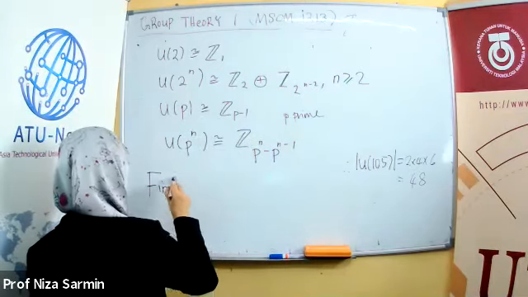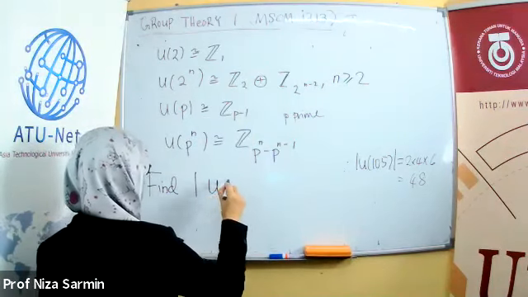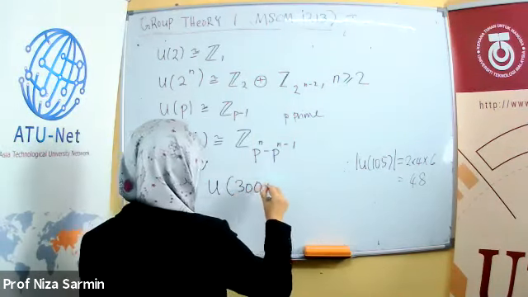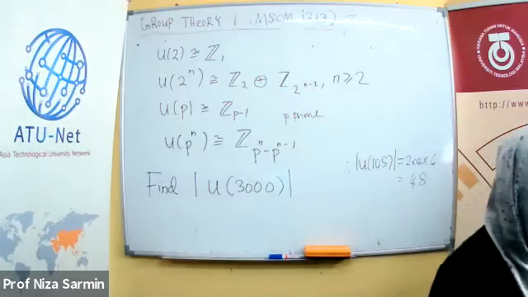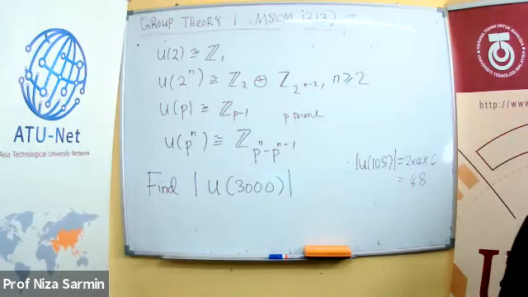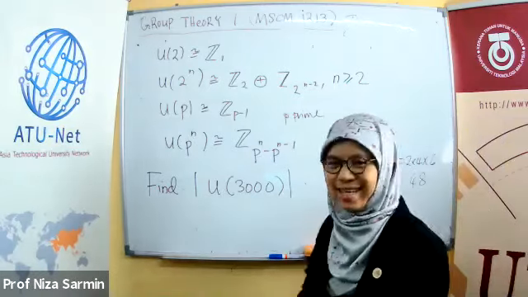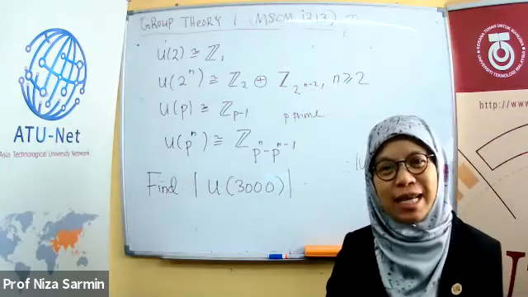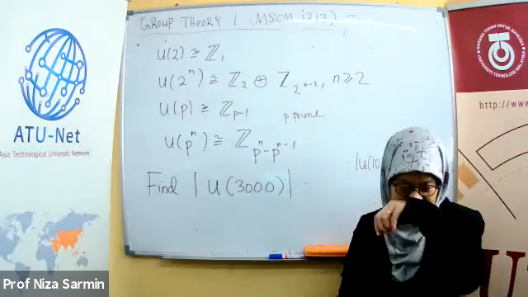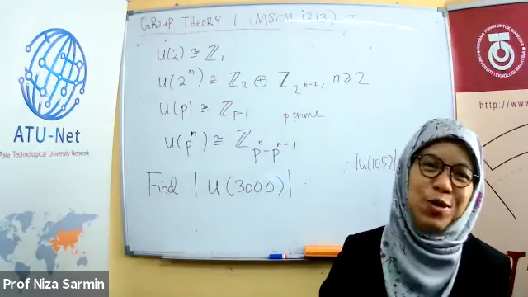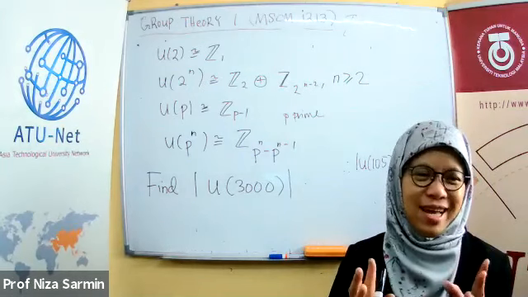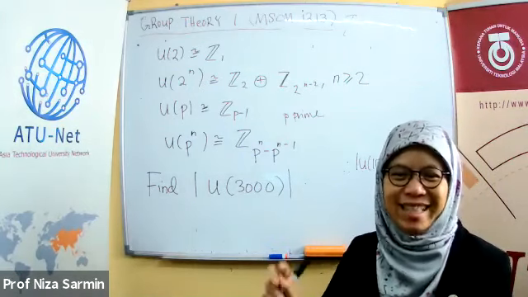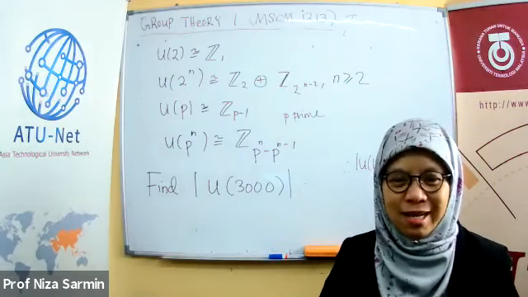Find the order of U3000. Because I love U3000. That's the movie. If I give you this in your second test, I don't want you to list 1, 5, 7 until 2999.